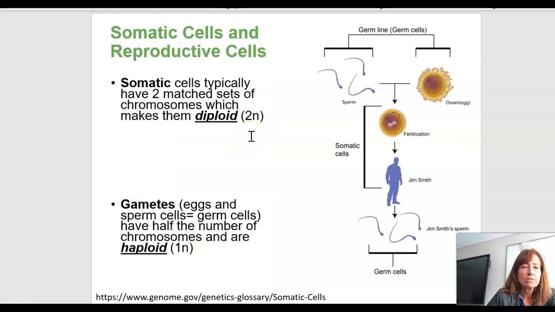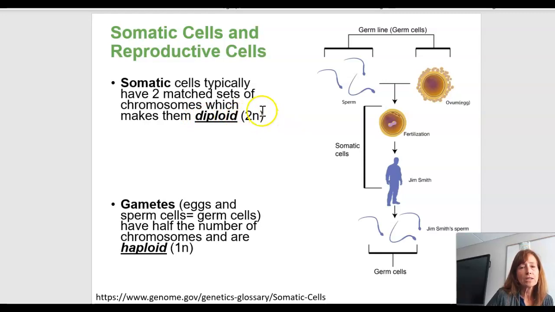So, cells, all cells. We really have two categories of cells. We have cells that are found in your body that make up all of the things that we think of, or most of the things we think of. So all of your body tissue, your skin cells and your liver cells and your bone cells and all of those. They're all cells which are going to have this matched set of chromosomes, so pairs of chromosomes, and which we can then say again is diploid.